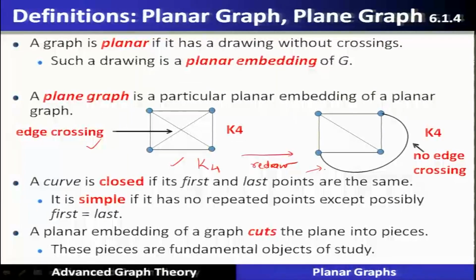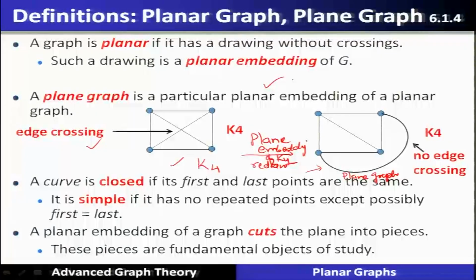So, we have obtained a planar or plane embedding of the given graph K4. This is called a plane graph. Why? Because we have obtained an embedding without edge crossings. So, a plane graph is a particular planar embedding of a planar graph.